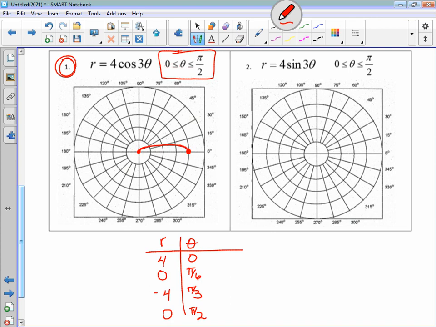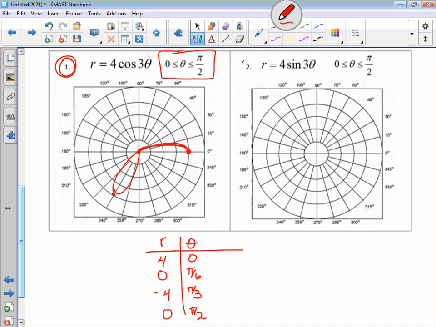All right, then where am I going? -4, pi over 3, so that's down here, right? Yeah. Okay. And then I have to come back to the pole. So, did I get 1.5 petals? Yes. Weird, right?